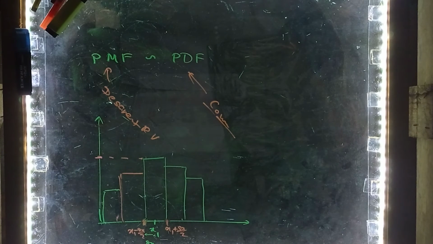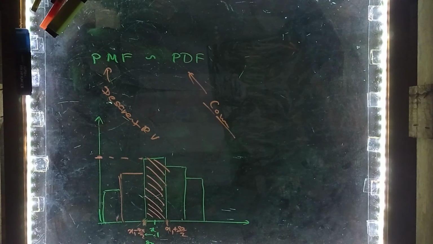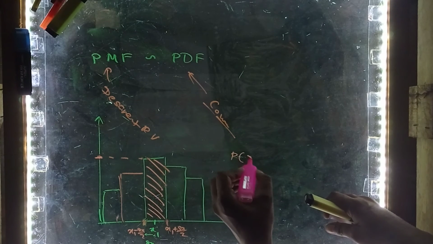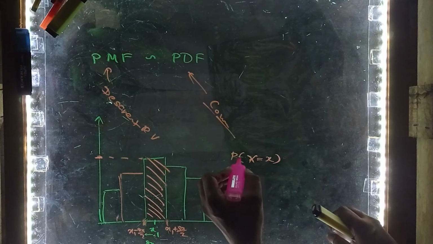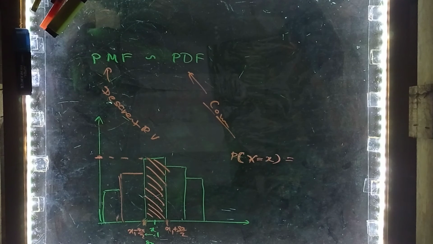These are probability mass. Let me explain what it means by probability mass. The area of each of these bars denotes the probability of each of these scenarios. If this is the probability of this discrete scenario, how can we write it?